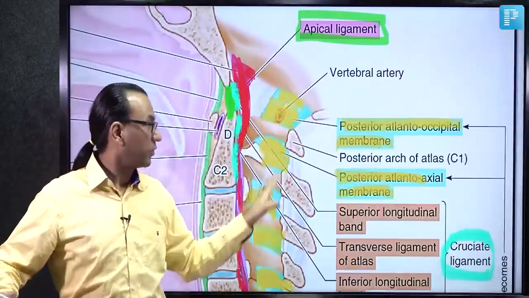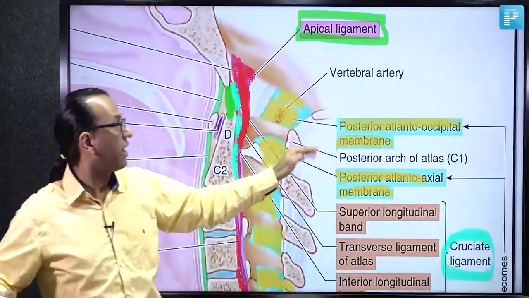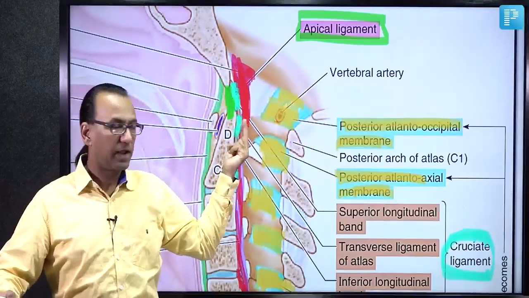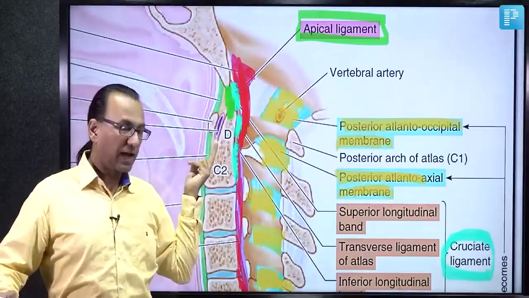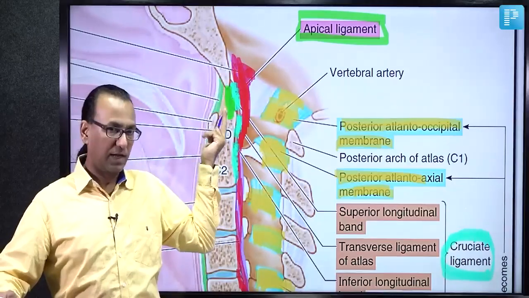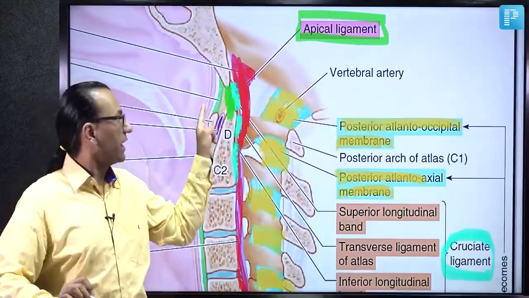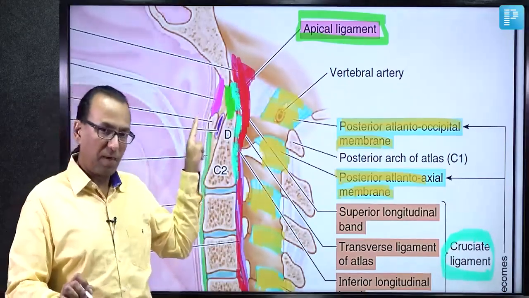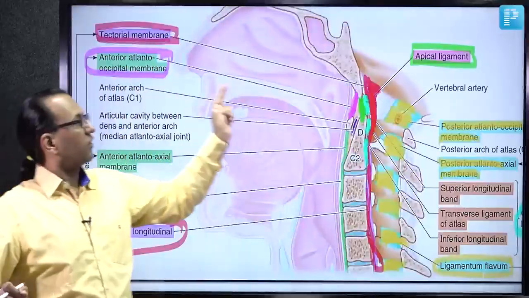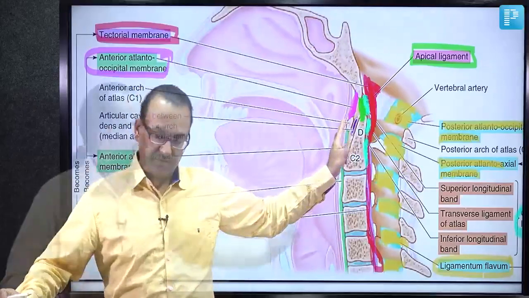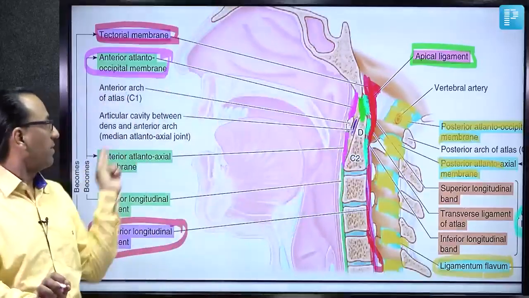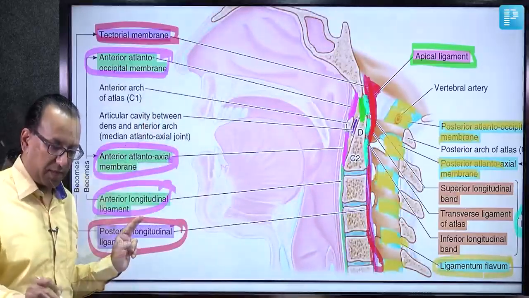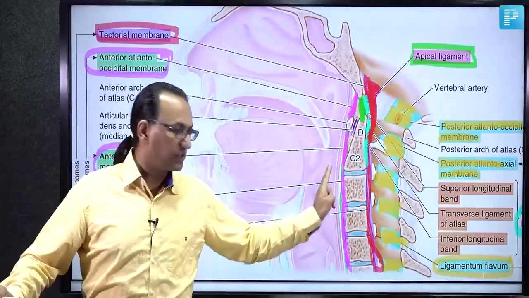As we said, there is the posterior atlanto-occipital membrane. Then after that, we have the posterior longitudinal ligament becoming the tectorial membrane, and after that we have the cruciate ligament, and after that we have the apical ligament of the dens. And still more anterior, you will find the anterior atlanto-occipital membrane. This anterior atlanto-occipital membrane is a continuation of the anterior atlanto-axial membrane, which itself is a continuation of the anterior longitudinal ligament, which runs in front of the vertebral body.